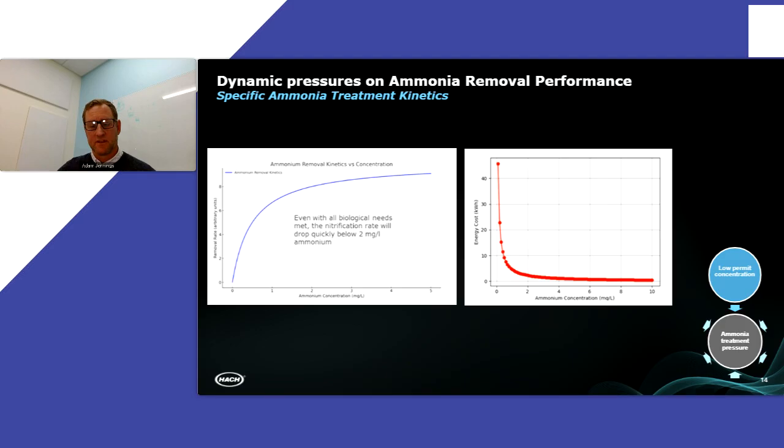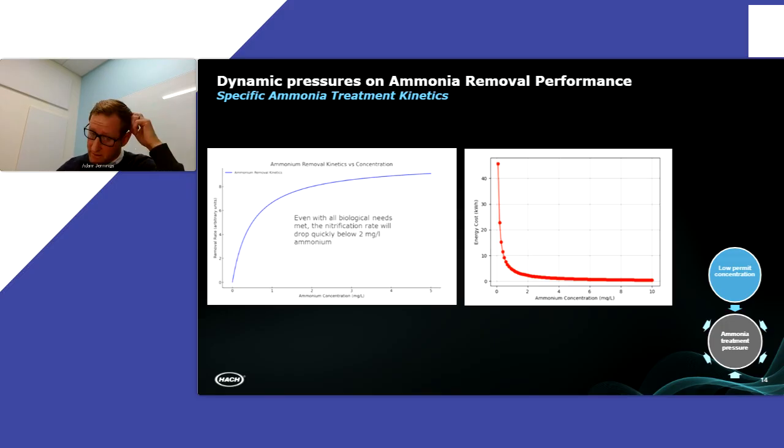The cost to treat and remove ammonia is one of the most expensive things that we do at a wastewater plant, because nitrification is just an expensive process. We have large horsepower blowers pushing air into water, and depending on how your processes run and how low your permit is determines pretty closely how much energy we're going to have to spend to remove it.